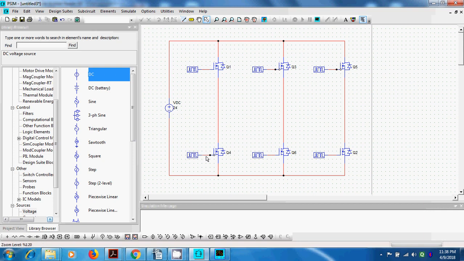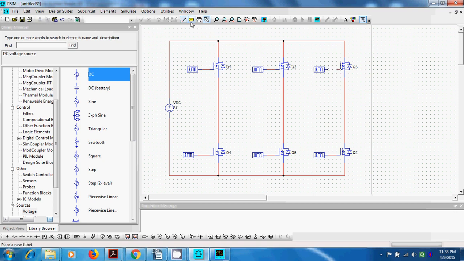So there is something wrong actually, so this should not happen. Okay, similarly here also something is problematic. Okay, so these are the gates. If there is a node, it means there is some problem.